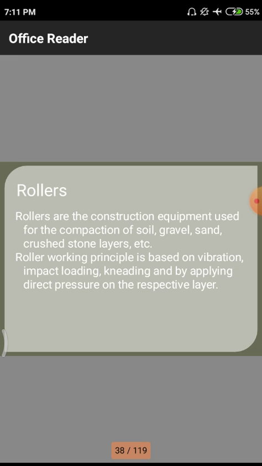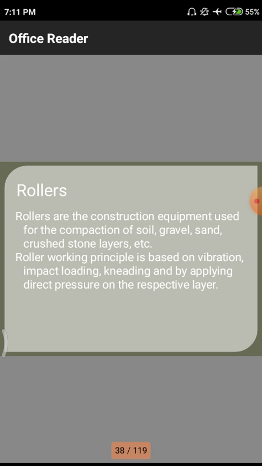Then impact loadings. Previously we discussed that an alloy is a combination of different metals, used to improve the properties. Normally these alloys have a huge amount of density, used in these roller-like substances.